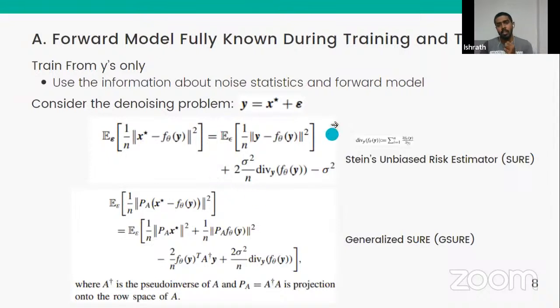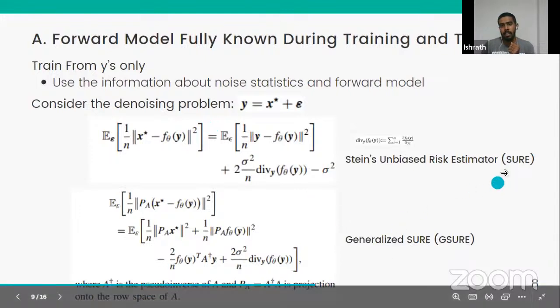So if this f theta is trainable, then we can ultimately come up with a denoiser that denoises this measurement y into the x, because if we reduce this function, it will reduce the mean squared error too.